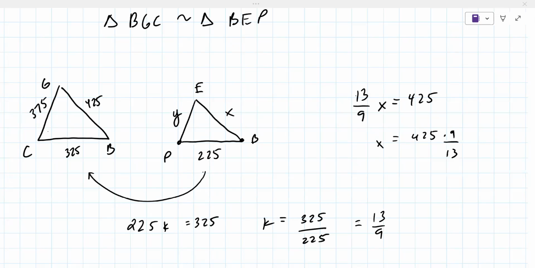I wonder if I got these flipped. 17 over 9. Well, yeah, it's not working out very nicely, is it? This was the same problem yesterday.